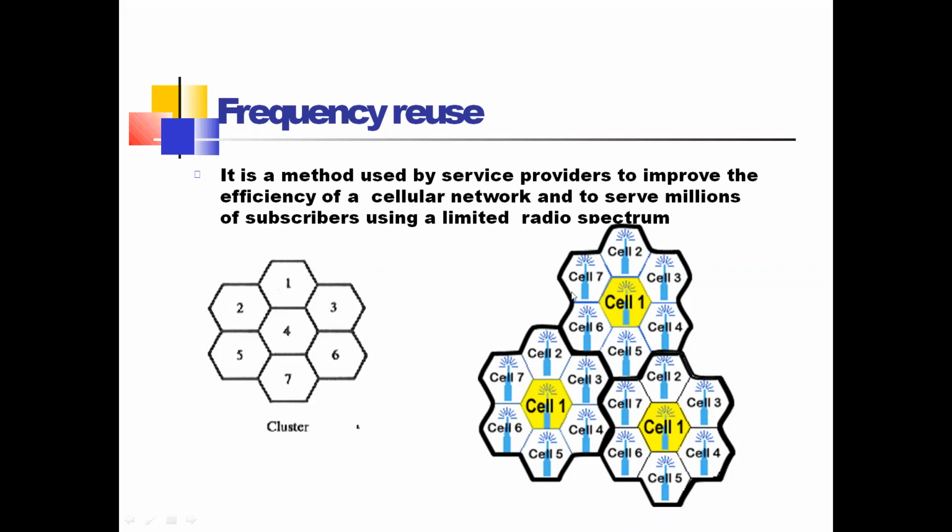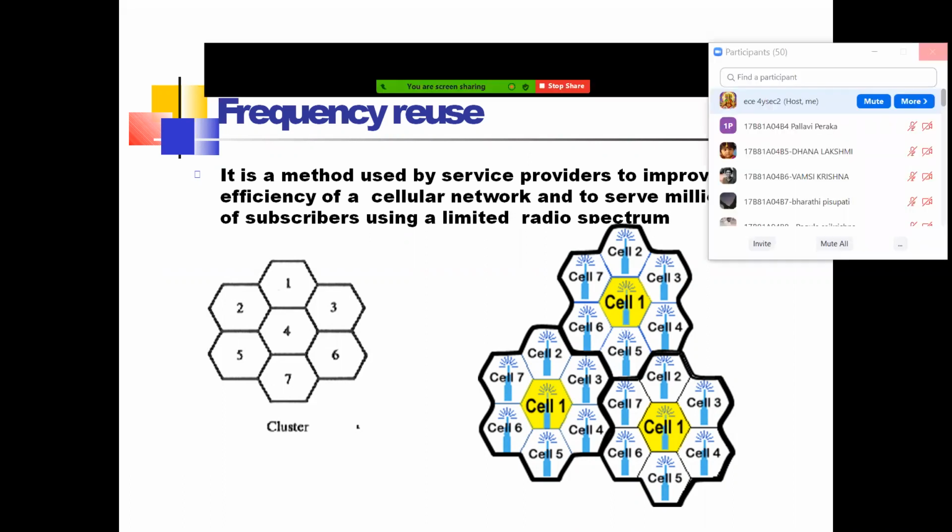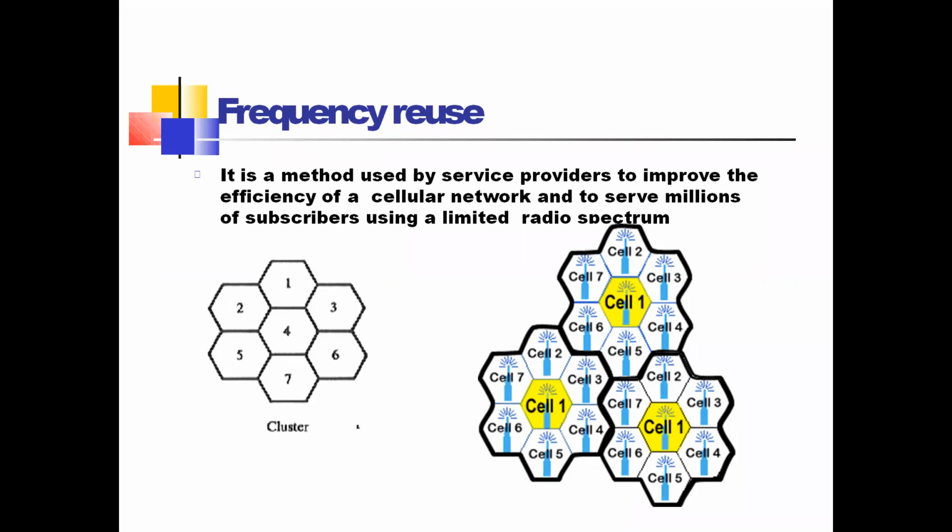Here three clusters are represented, and in each cluster there are 7 cells. Here cell 1 is highlighted in yellow color.